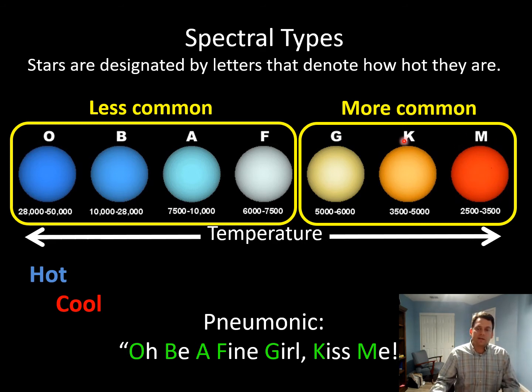And so there are plenty of M, K, and G-class stars. As you get up to F, A, B, and O, there are fewer and fewer of those. But it's not like there's a hard dividing line anywhere in here. It really is just like we have spectra coming from these stars. There's a spectrum of stellar types in the sense that there are some of all of these things, but as they get hotter, there tend to be fewer of them.